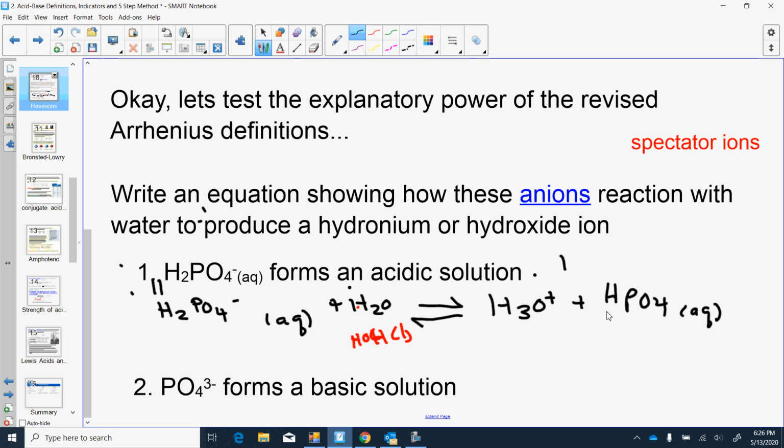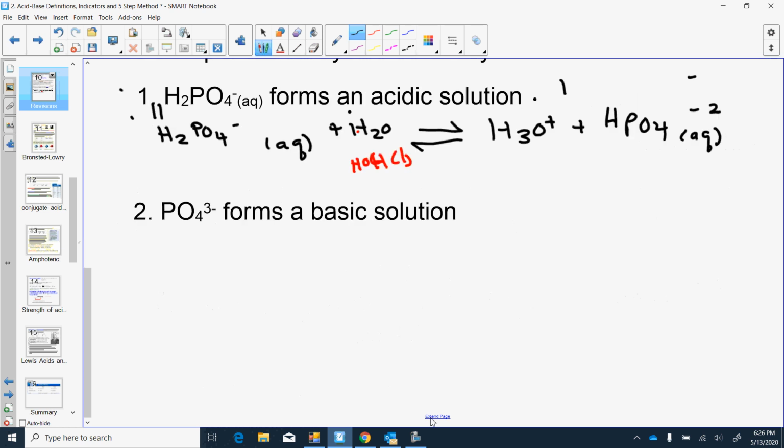And what's going to happen to its charge? Its charge was -1, and I took a positive hydrogen away. So now it's going to have a charge of -2. So H2PO4 negative aqueous plus H2O yields H3O positive plus HPO4 -2. We want to be careful with our charges and with our aqueous.